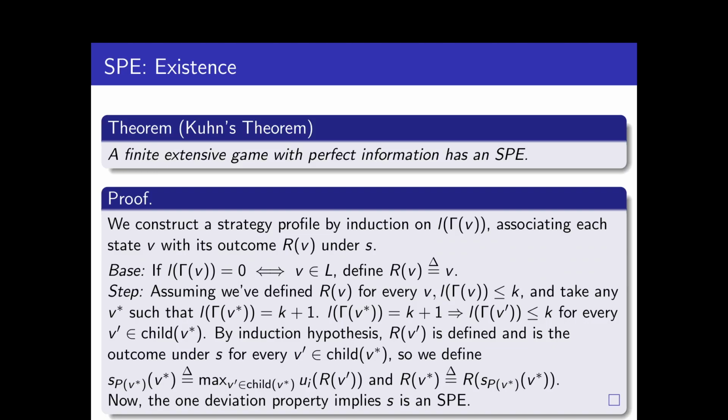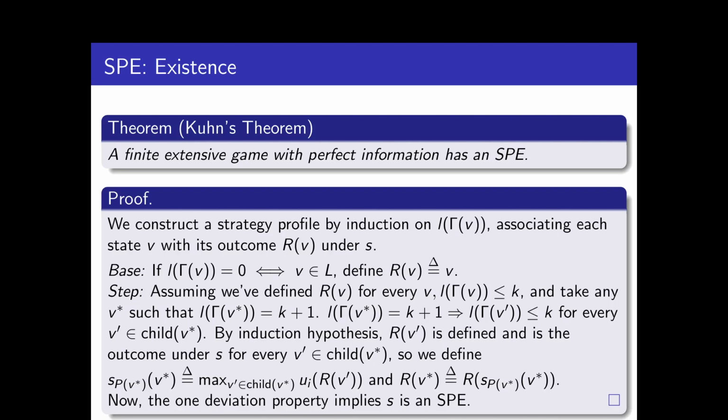So we construct this equilibrium. We construct a strategy profile by induction on the length of the longest path, on the length of the game. While doing that, we also associate each state with the outcome under this constructed strategy.